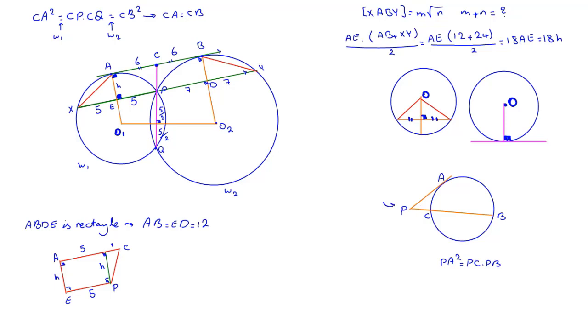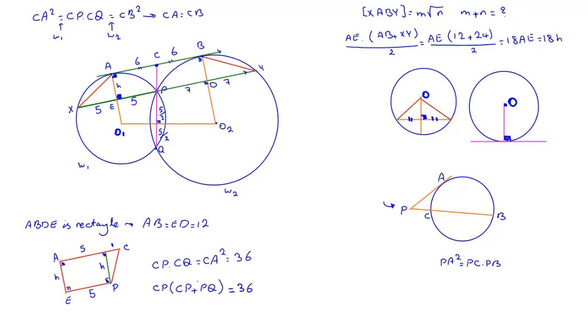By what we've written here, CP times CQ equals CA squared. CA squared is 36. Instead of CQ, we can write CP plus PQ. PQ is 5.